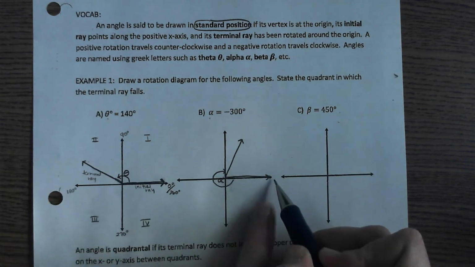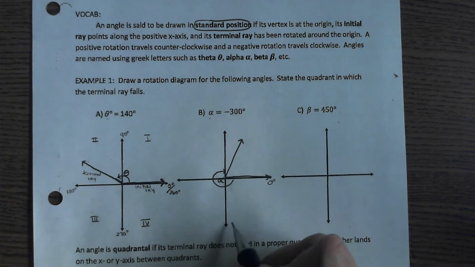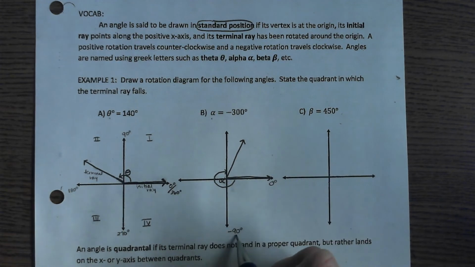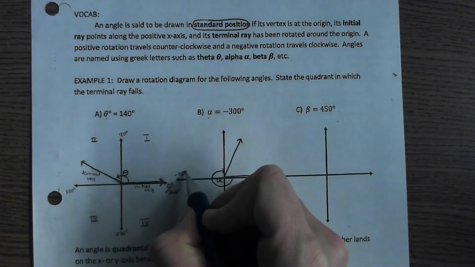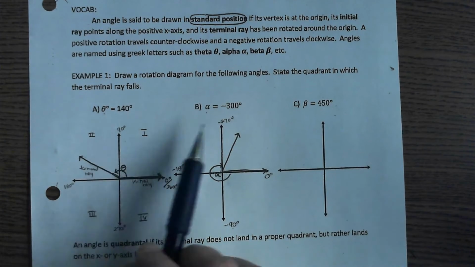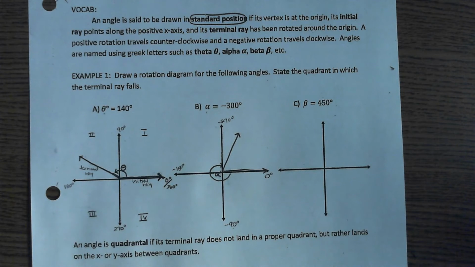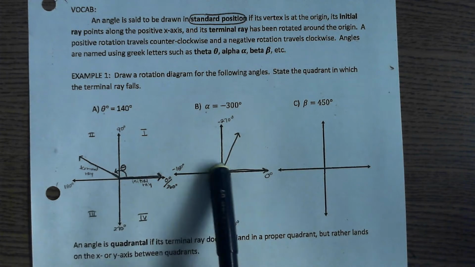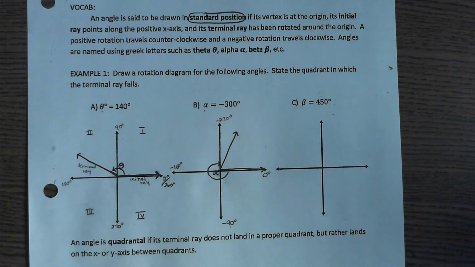Just like if we're opening up negatively, we would label that as a negative 90, a negative 180, a negative 270. So a 90 degree angle and a negative 270 degree angle are very difficult to tell the difference between unless you have this little rotational arrow showing you which direction you went. Does that make sense?